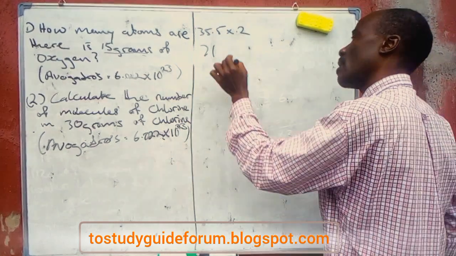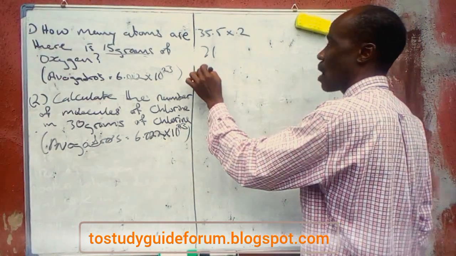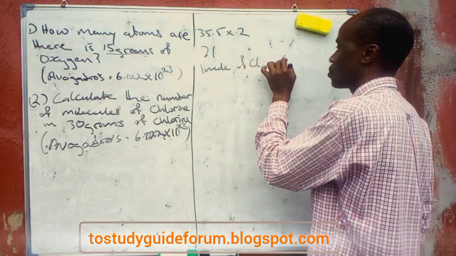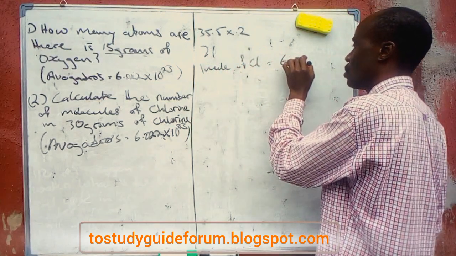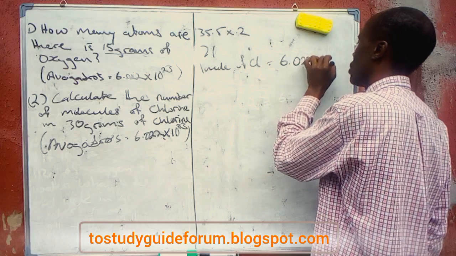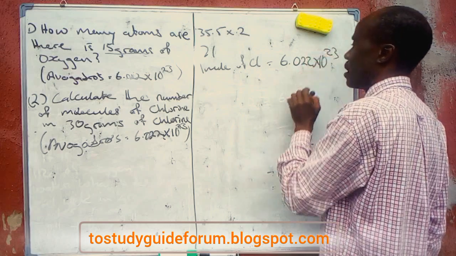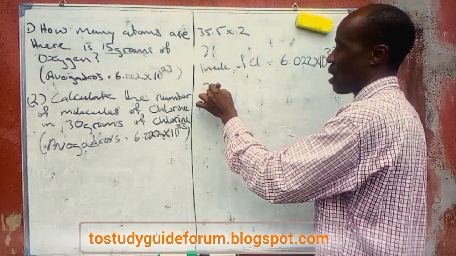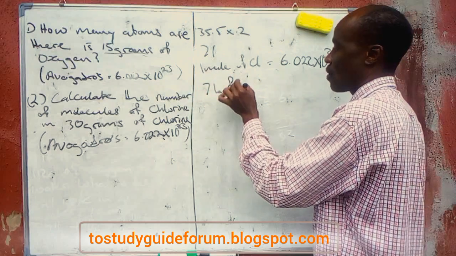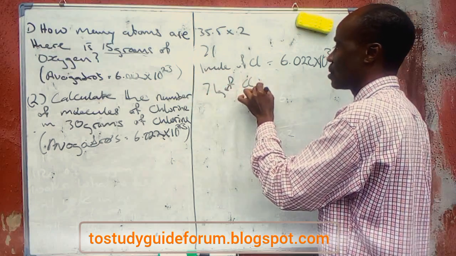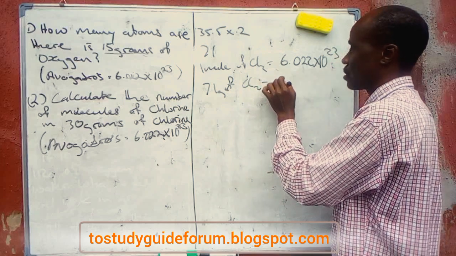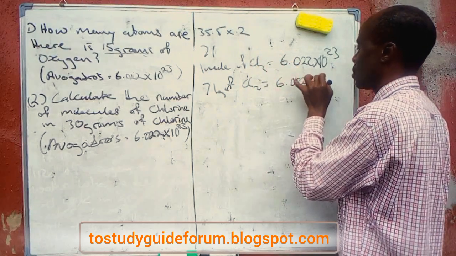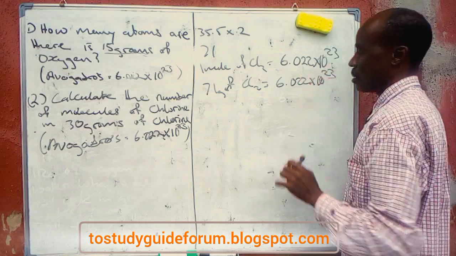Since one mole of chlorine is equal to 6.022 times 10 raised to the power 23, it simply means that 71 grams of chlorine will give us 6.022 times 10 raised to the power 23.